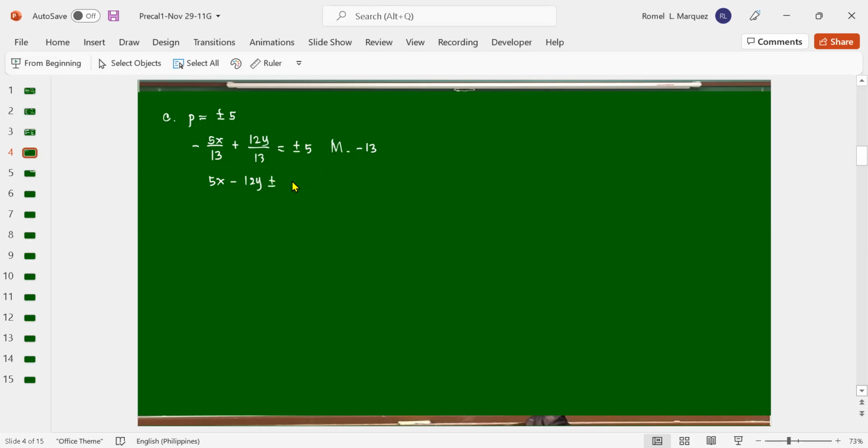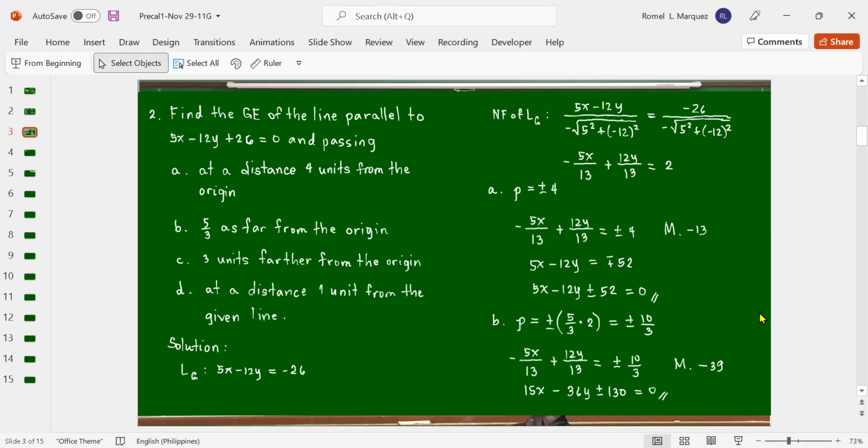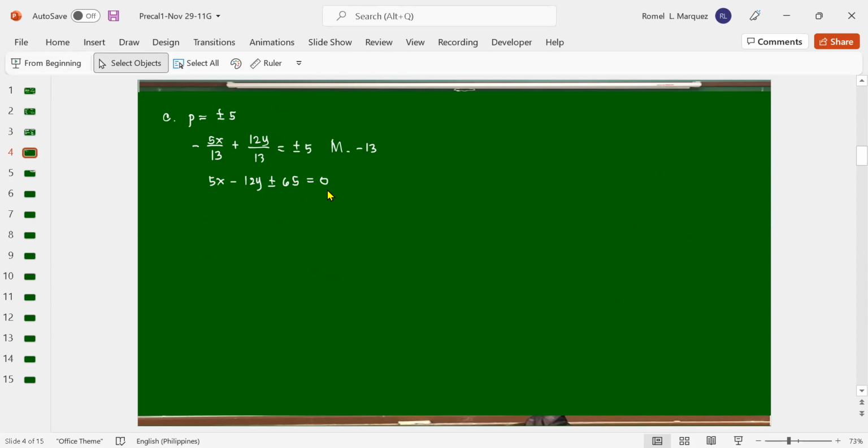On the left side, what is that, guys? Is it 65? Children? Yes, sir. 65 equals 0. Tama ba? So that's it. These are the possible lines for letter C.